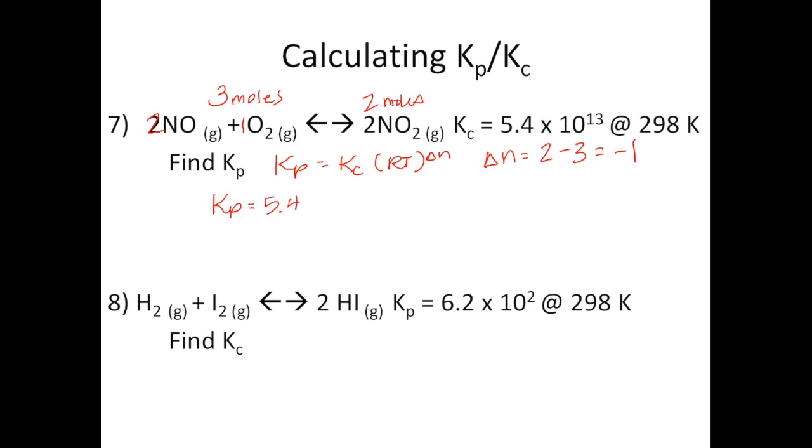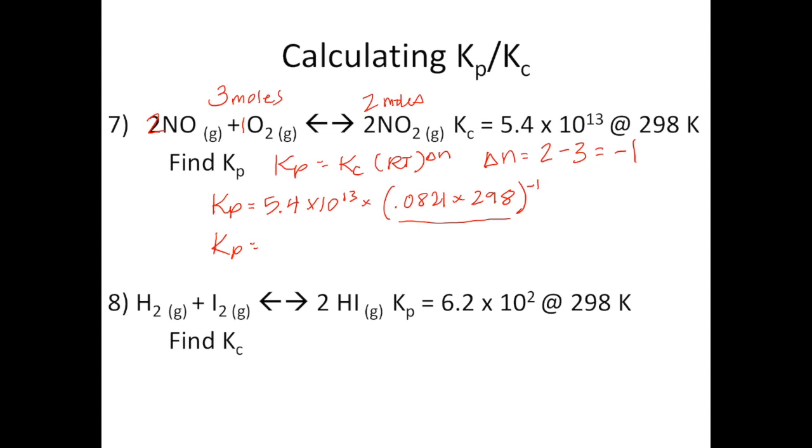I need Kp. Kp is equal to 5.4 times 10 to the 13 times 0.0821. I'm given my temperature is 298 Kelvin to the -1 power. So I take this thing in the parentheses to the -1, and then I multiply it by Kc.